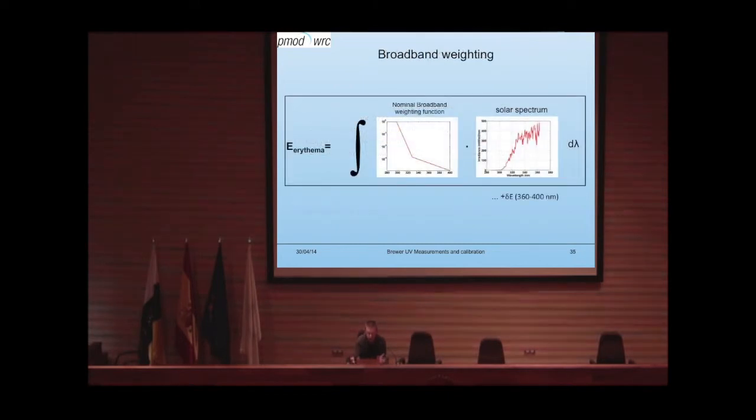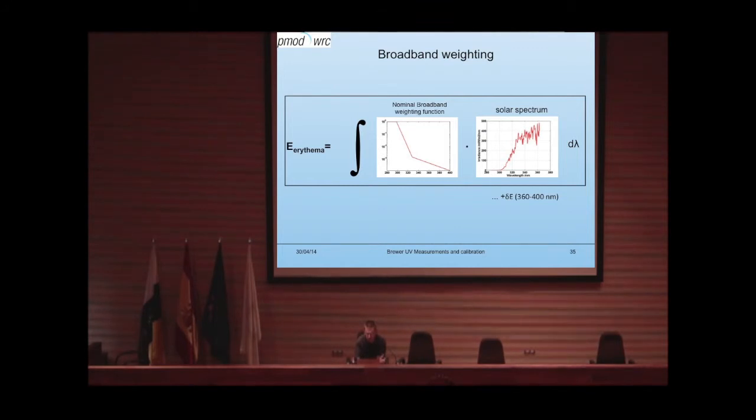So when you are comparing it to a broadband radiometer that probably everyone has sitting somewhere on its measurement platform, then typically we all have something that then finally gives an erythemal weighted irradiance, and you see here how you can produce that from your solar spectrum.